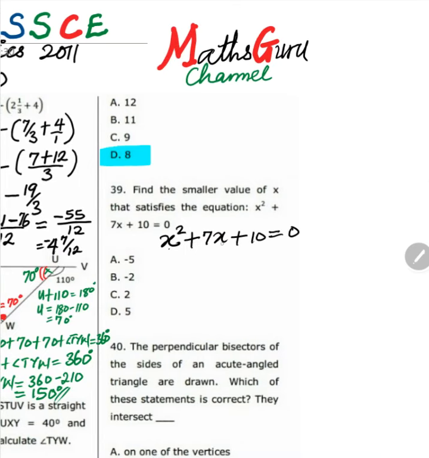We multiply the first term and the last term here, we're going to have 10x squared, and then we simply lift the middle term, which is positive 7x. So we look for two terms that the product will be 10x squared and the sum will be 7x.